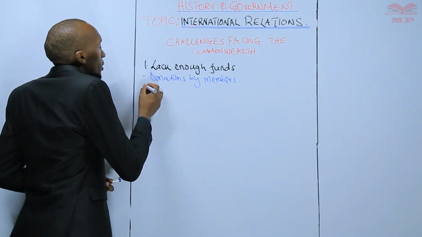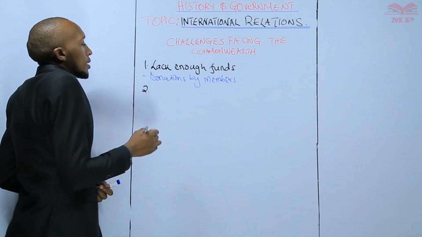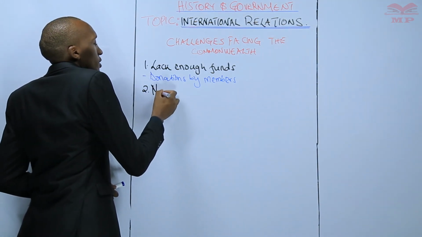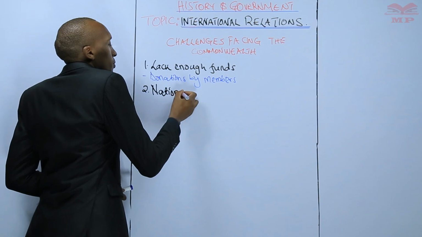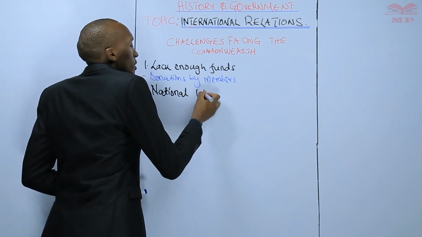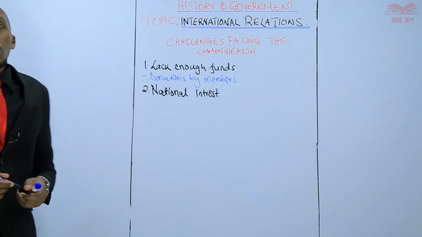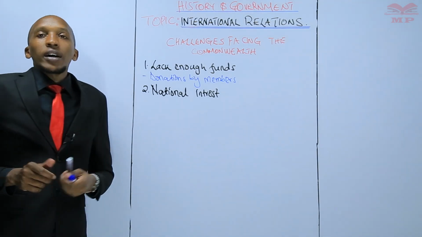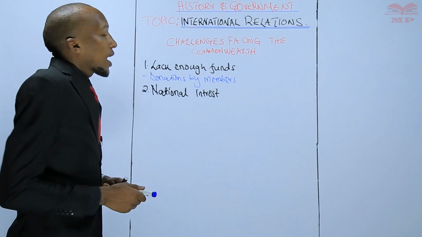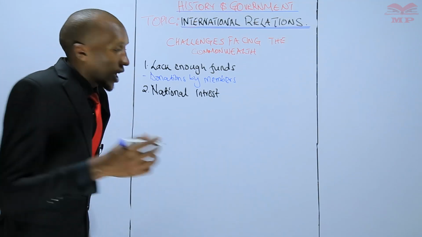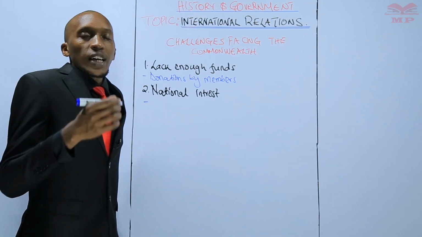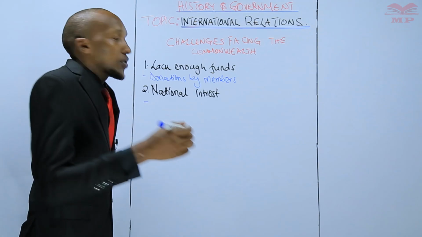Number two, national interests. National interests, or you can refer to that as nationalism. So most of the member countries are concerned with the affairs of that state. They are concerned with affairs of individual states.